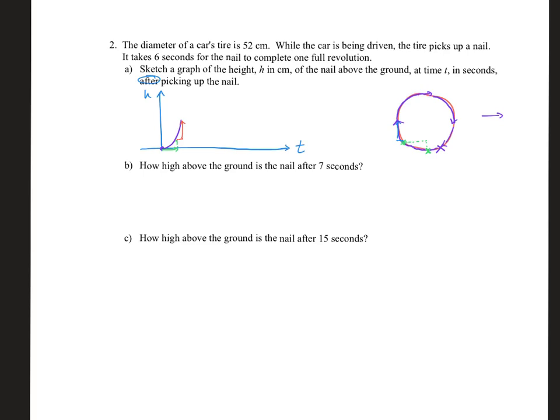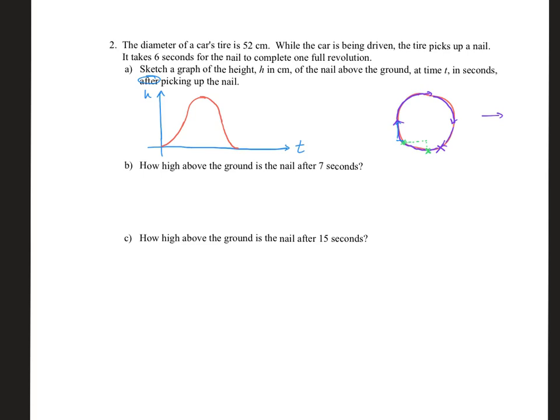So what I'm going to do is erase all of that so we can produce a nice picture. There's my h-axis, my t-axis, and I'm beginning to draw my graph with that increase. Now my nail gets all the way to the top of the tire. It's then going to decrease, and it then returns to the ground.